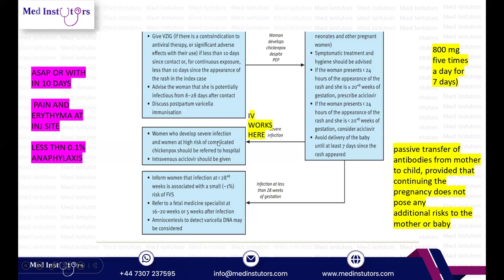So these are the two conditions where women could be straight away referred to the hospital. They will be directly referred to the hospital, and intravenous acyclovir should be given to them. So see, the severe infection and also the women who are at high risk of complications. Is that clear?